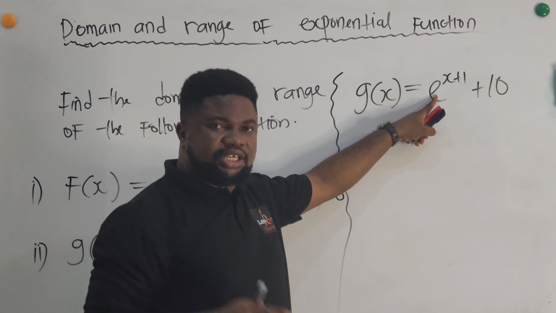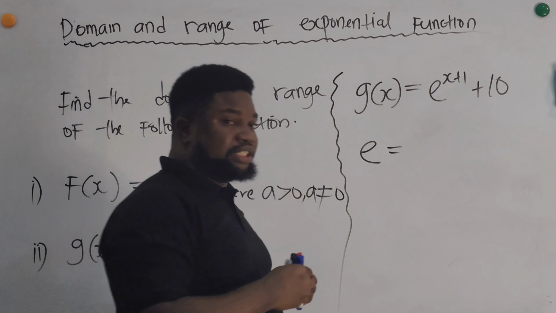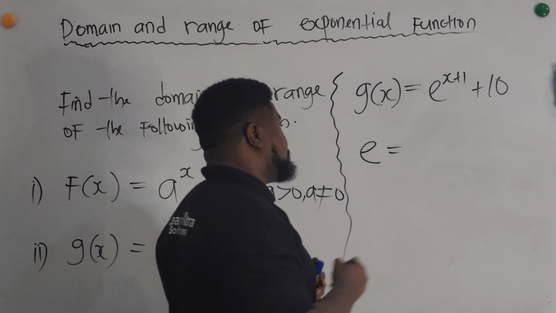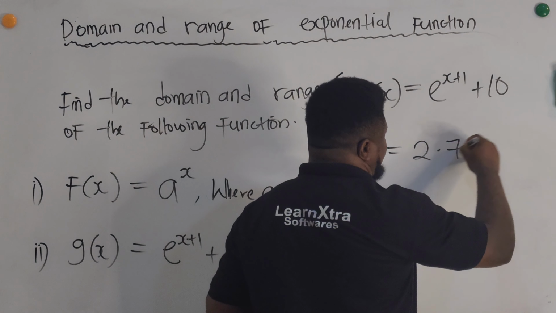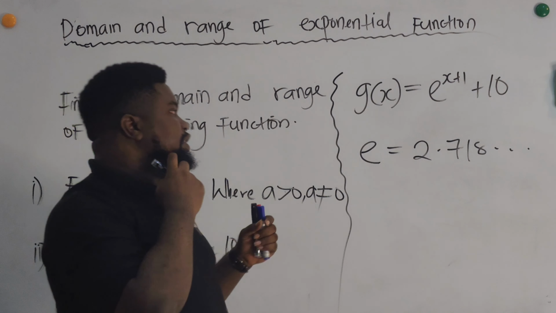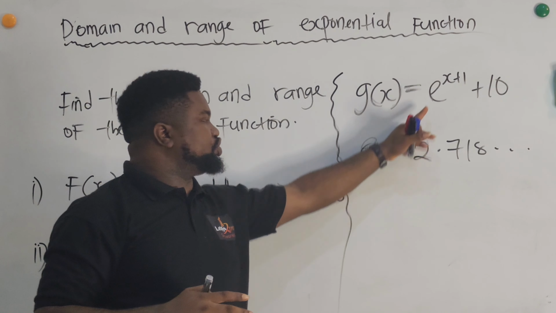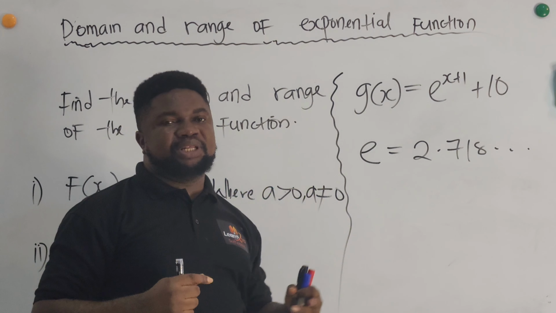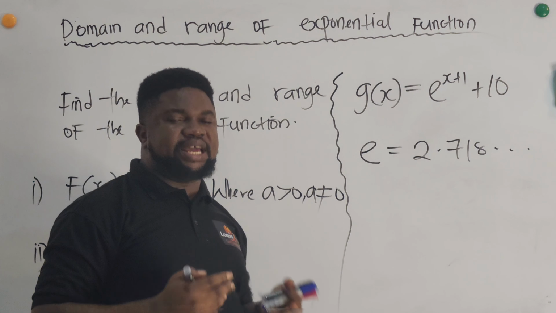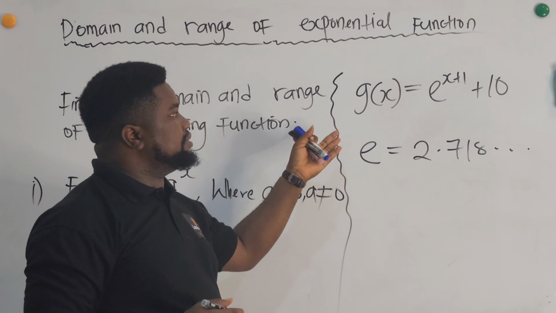You know, e is a constant, Euler's constant, about 2.718. So e is greater than 1, and this function will increase rapidly for the values of x. x can be anything.